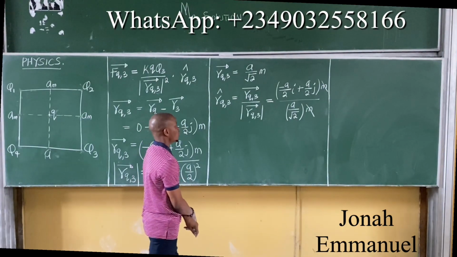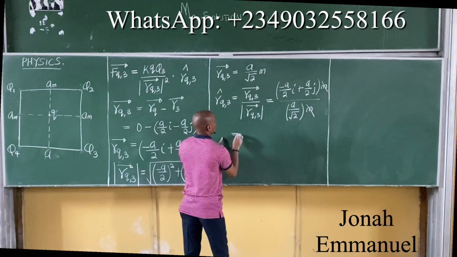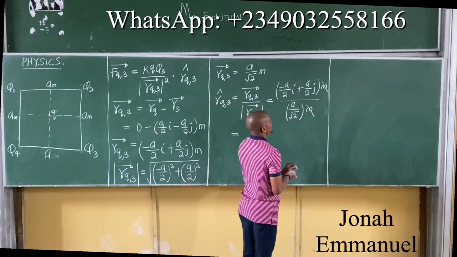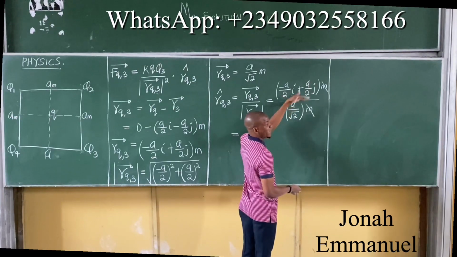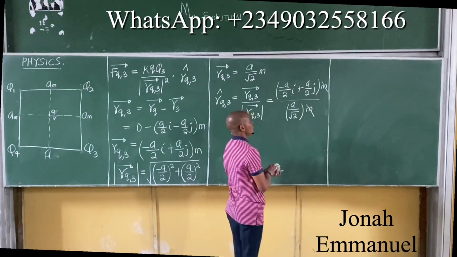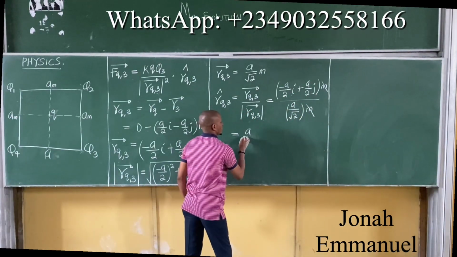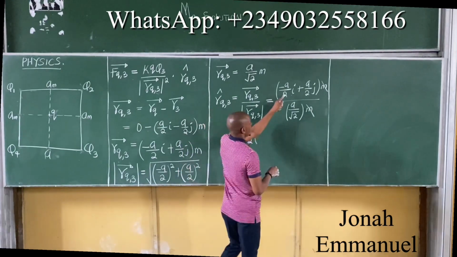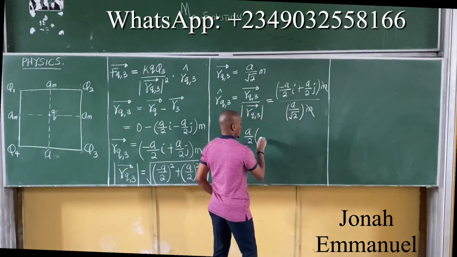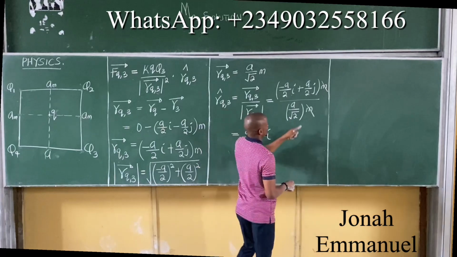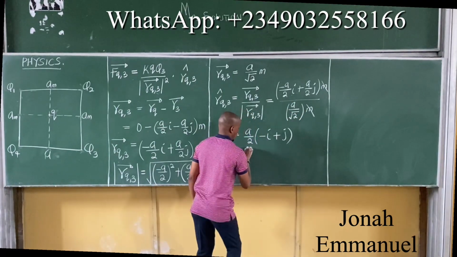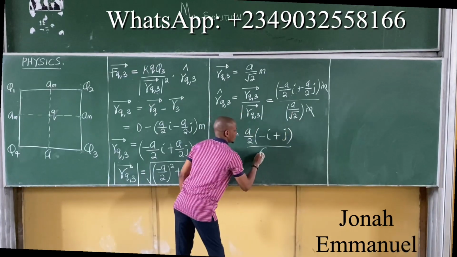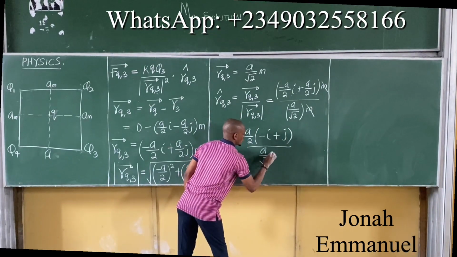Okay, so work on this. This is now equal to, we said factorize, I've said factorize just A over 2. Leave out the minus for the I and J. So if I factor out A over 2, it becomes A over 2 into, I'm left with minus I, then next up plus J, all over A over root 2.